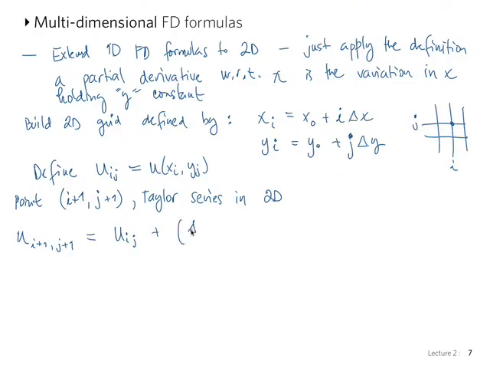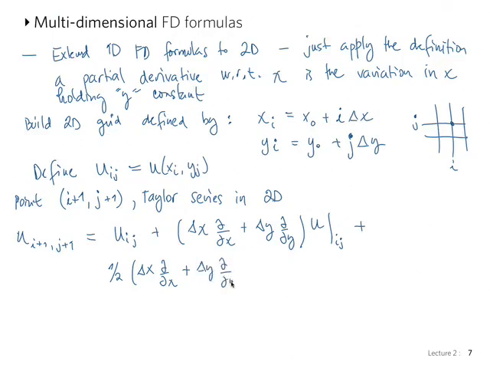So let's write delta x times d dx plus delta y times d dy, in operator form, applied to the function u at the point ij, plus we need the second order derivatives, and the two-dimensional Taylor expansion is going to give us the same operator, delta x d dx plus delta y d dy, squared, acting on u at the point ij, and so on.